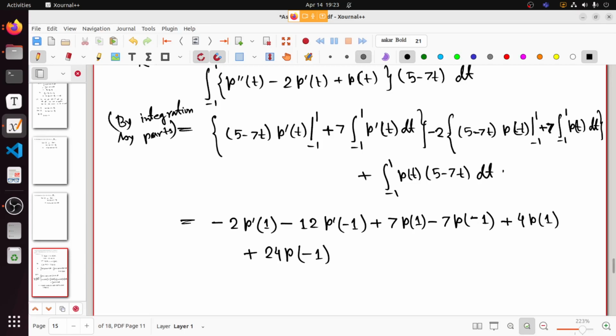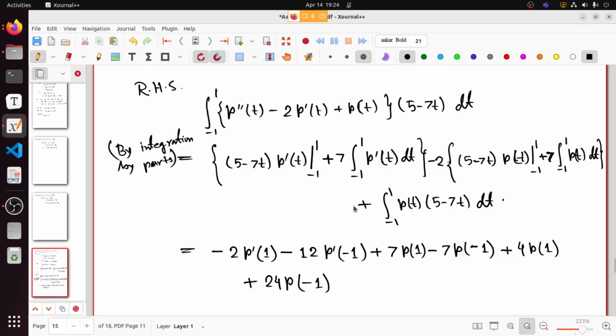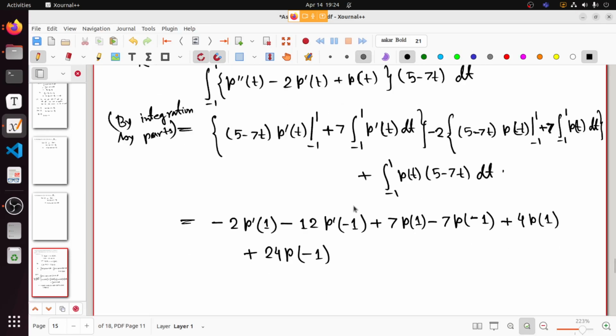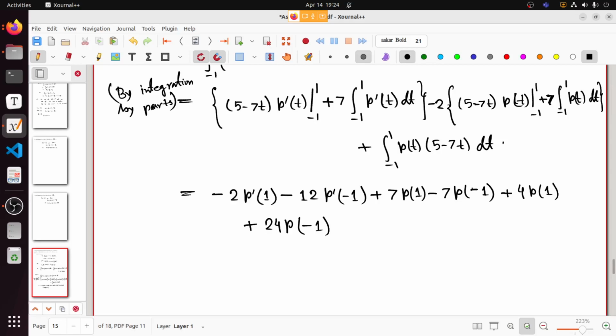and integration of p. So again, so what will you get then, oh sorry, no need to do this because these two remain as they are.